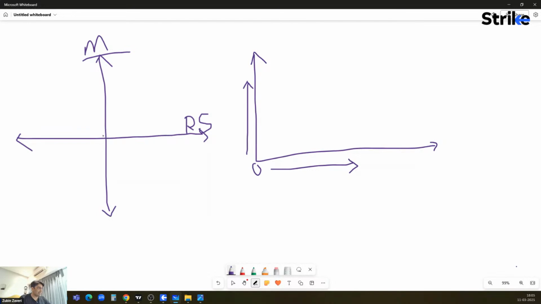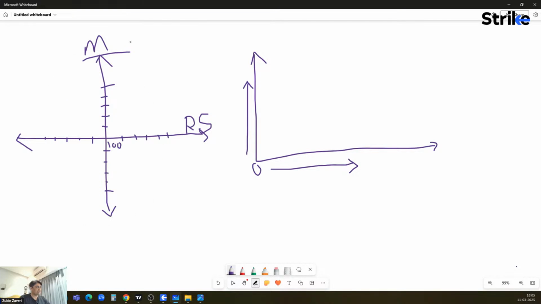Now, at the center, instead of having 0, we have 100. Then we have 101, 102, 103, 104, 105, and so on. We have 99, 98, 97, 96, 95, and so on and so forth. Similarly, even on the y-axis, we have 100, 101, 102, 103, 104, 105, and 99, 98, 97, 96, and so on and so forth.